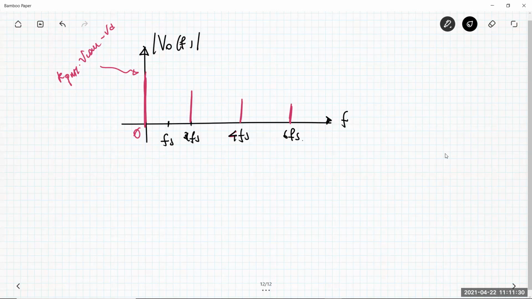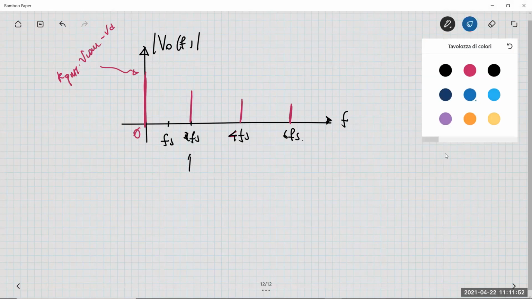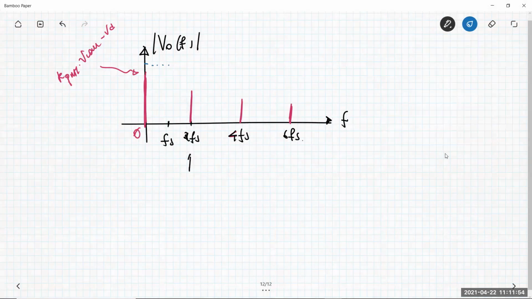So the low-pass filter that you need in order to extract the DC value from this rectangular, highly distorted waveform can be relaxed, because now the first harmonic line that the filter has to attenuate is at frequency 2Fs and not Fs. So my filter can have a pole at a higher frequency than before. For example, this can be my filter demodulator.